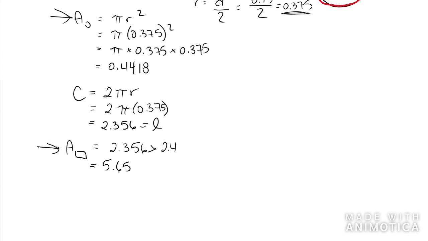Okay, so now we have the area of our circles. We have the area of our rectangle. Now to find out the total surface area, we have to add them together. So how many circles do I have? 2. So I need that number twice. And then for the rectangle, we only have 1.